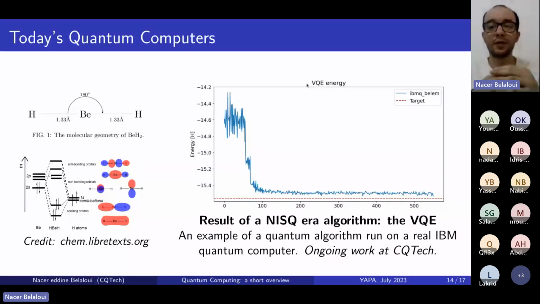So this algorithm is an iterative algorithm. It tries some parameters, measures the energy, and then gives the energy to the classical computer, which will decide and say, okay, now let's try this set of parameters. It's a bit like machine learning, and actually this is part of what we call quantum machine learning, but that's something else.